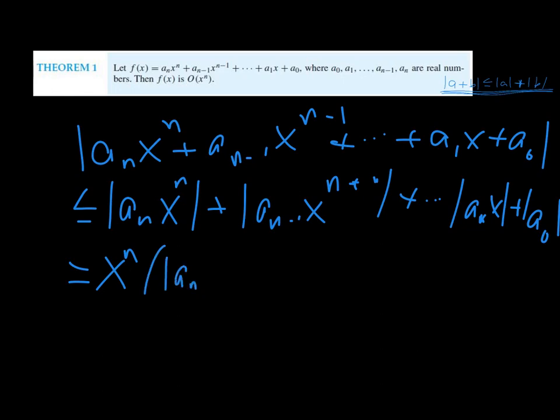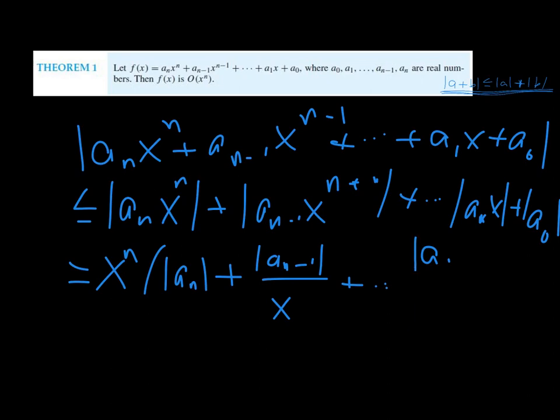the absolute value of a_n plus the absolute value of a_(n-1) over x plus, and if I keep doing that, it's going to end up with the absolute value of a_1. Oops, let me fix that mistake.